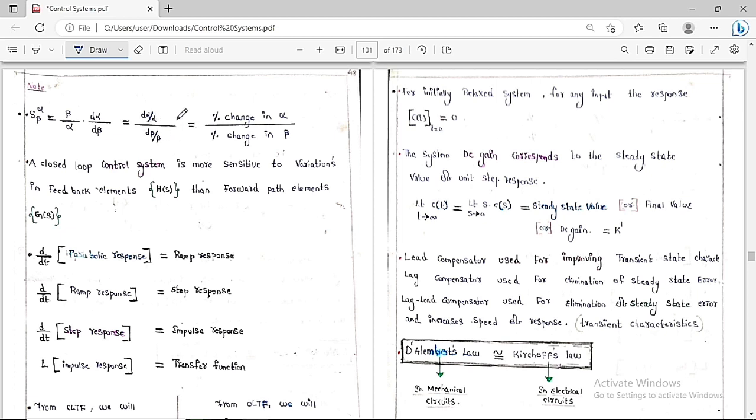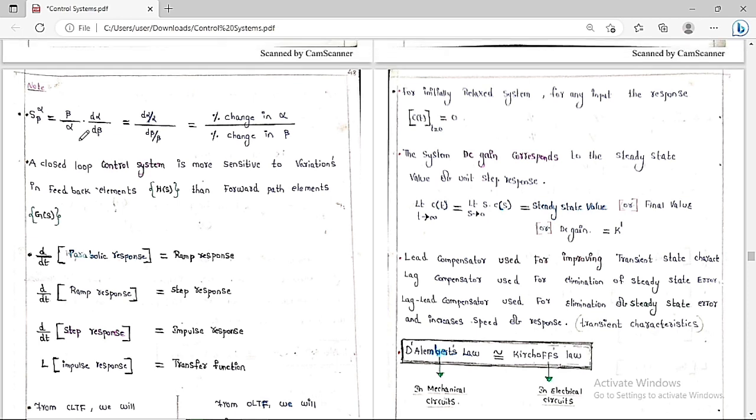Like this you can also write it, or you can say it is the percentage change in alpha by the percentage change in beta. These are the different ways we write it. So always remember the sensitivity of alpha with respect to beta is equal to d alpha by d beta by beta.